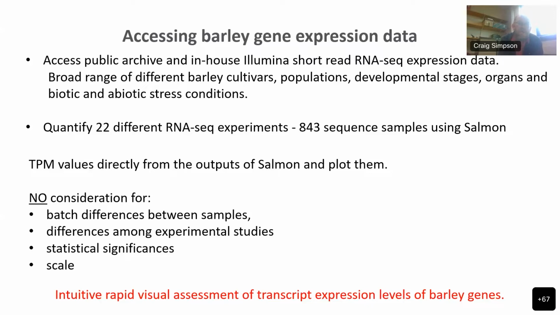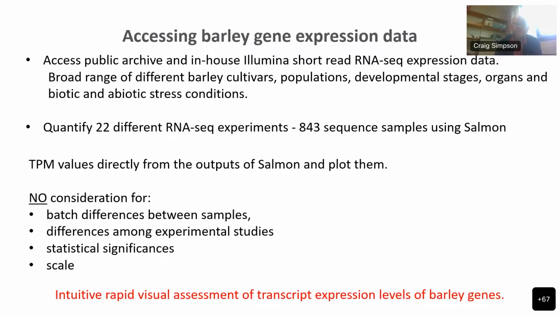And then what we do is take those TPM values and very simply, we just plot them. So we do not consider the batch differences between samples. We do not consider differences among the experimental studies. We're not working out statistical significances, and we're not looking at scaling things like log2 scales. We looked at all those and we felt the best thing we could do is just give the raw TPM values.